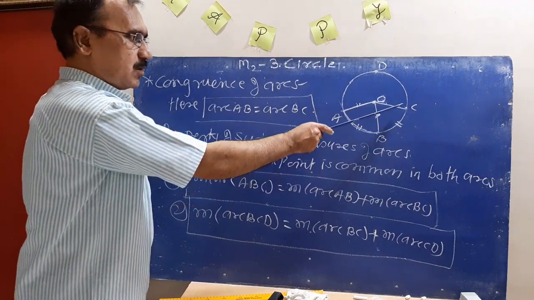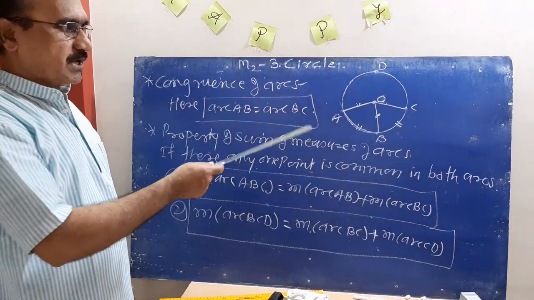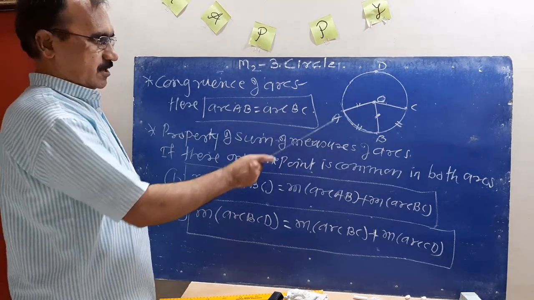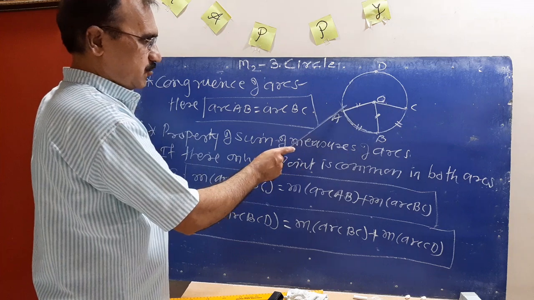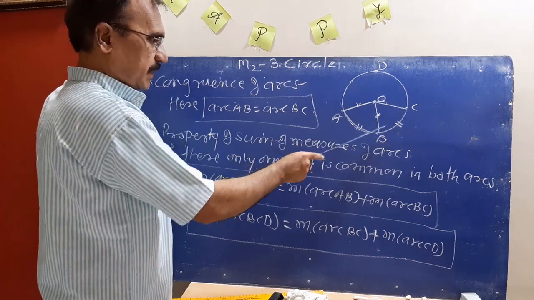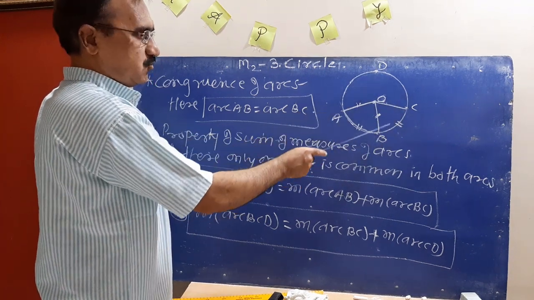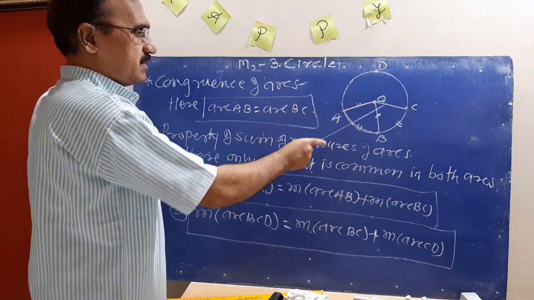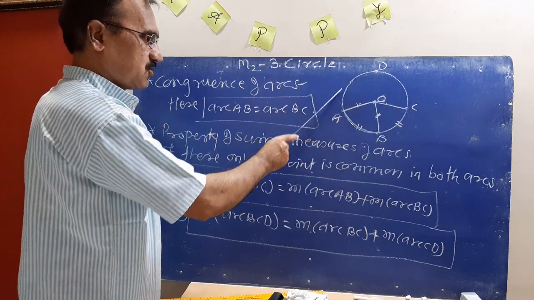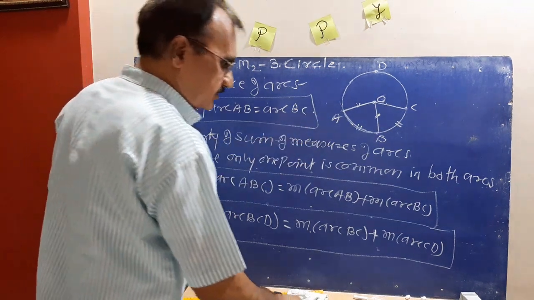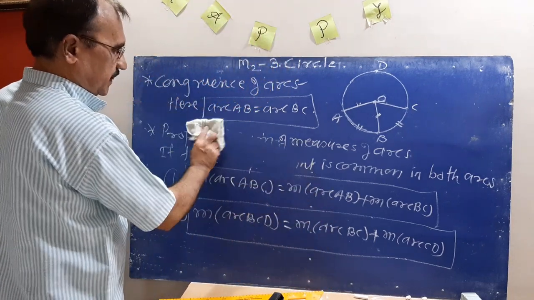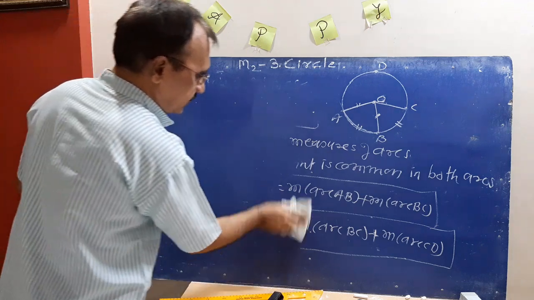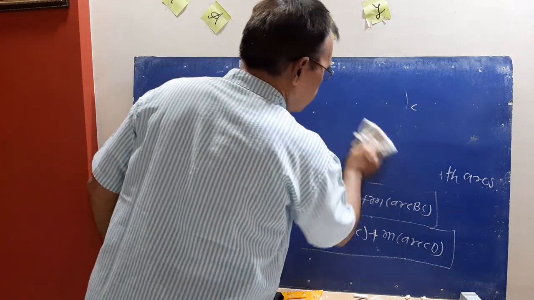If there is one common point in the arcs, then we can add the measures of the two corresponding arcs. Measure of arc ABC equals measure of arc AB plus measure of arc BC. Measure of arc BCD equals measure of arc BC plus measure of arc CD. Measure of arc CDA equals measure of arc CD plus measure of arc DA. Draw this figure and write this down. This is also in your textbook.